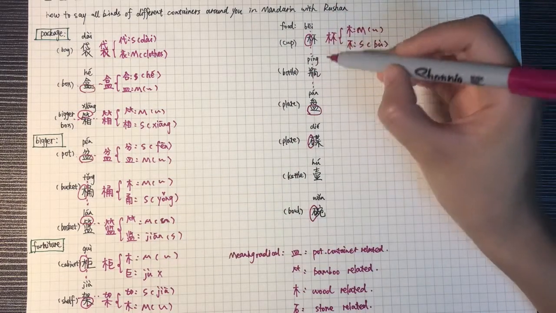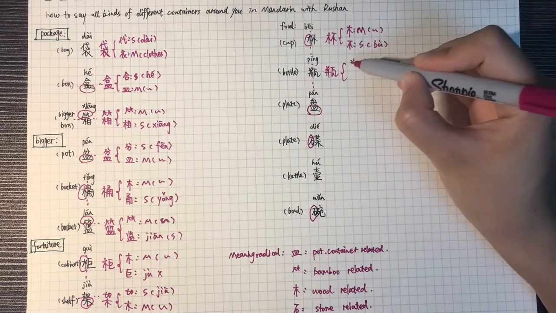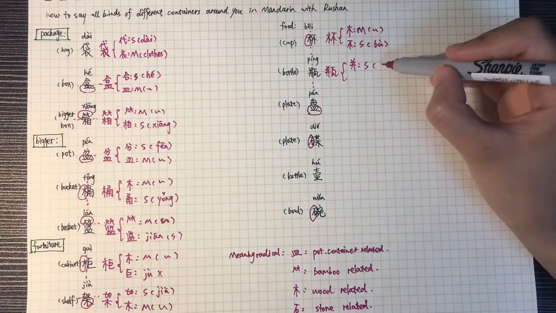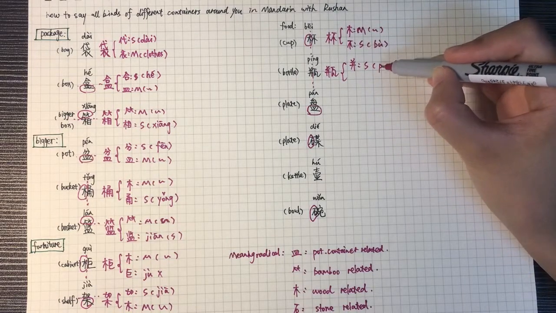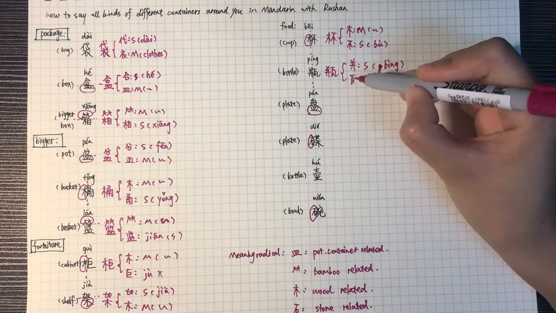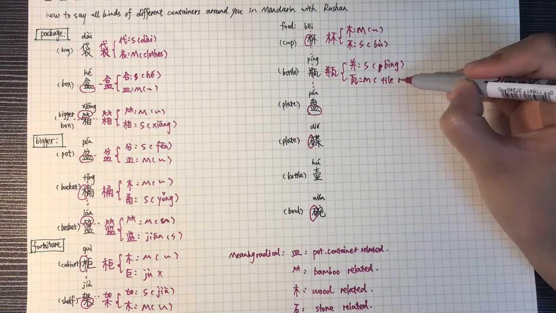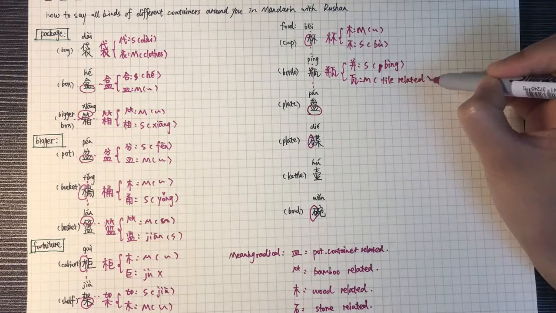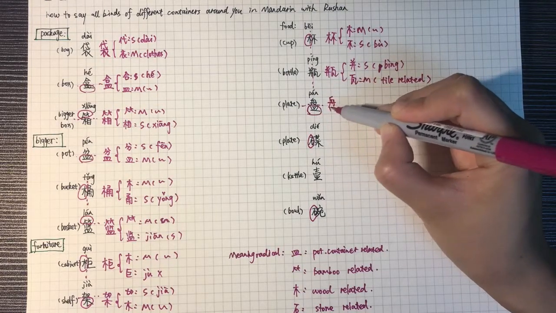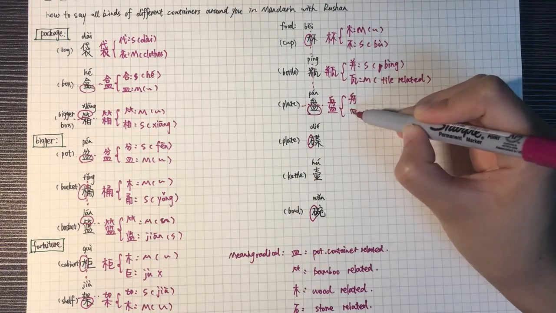And here we have a left-right structure. The left part is the sound radical, called 并, and the meaning radical has something to do with tile. And top to bottom, the top one and the bottom one.